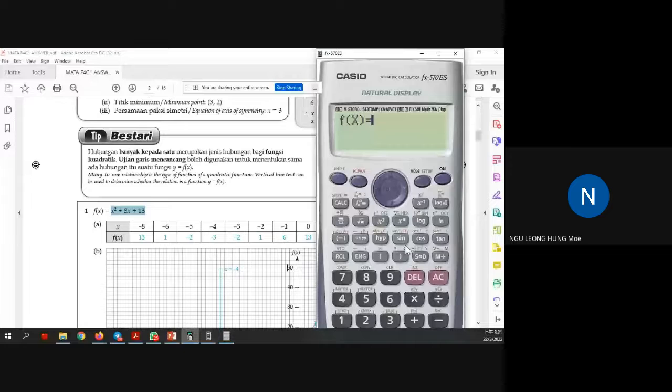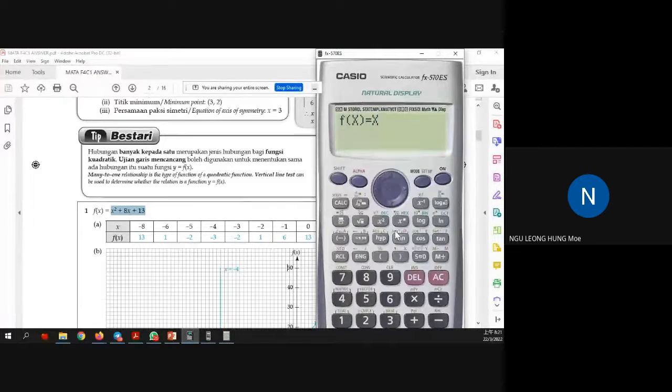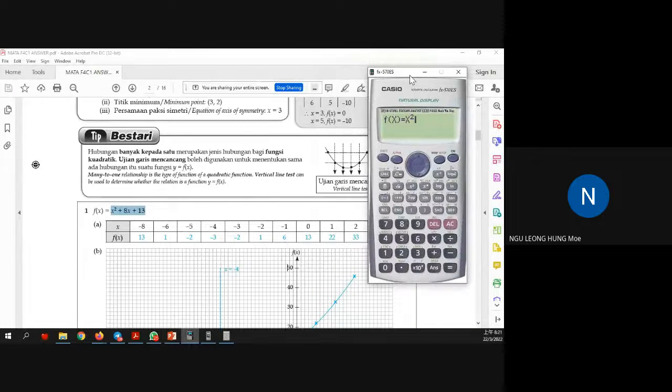You press alpha x, then square. Can or not? Can you read it? Then it's not minus, it's plus 8s. Then plus 13. Right? Then after keying in, you double check the equation again.